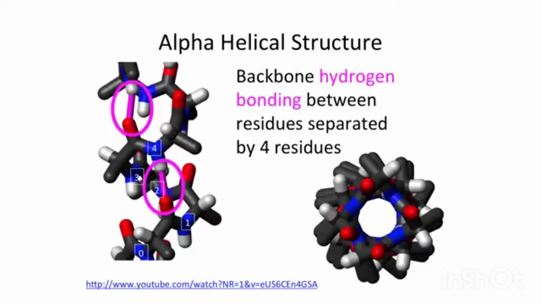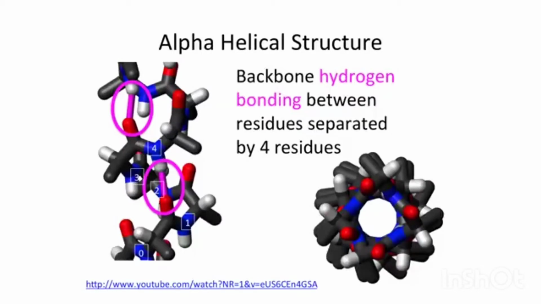So if 0 is the amino group of the amino acid that has the 0th carboxyl, then the next amino group is 1, the next one after that is 2, the next one after that is 3, and the 4th one is hydrogen bonding to the carbonyl of the 0th amino acid.